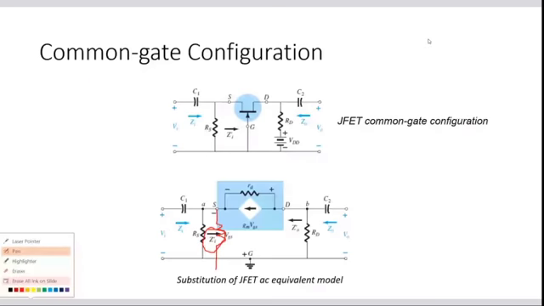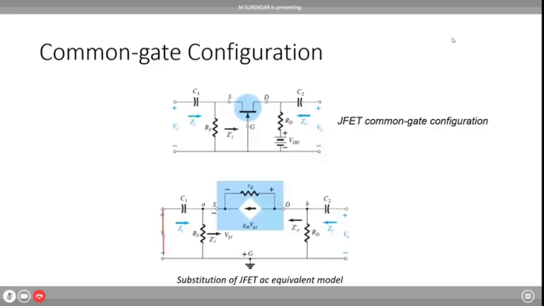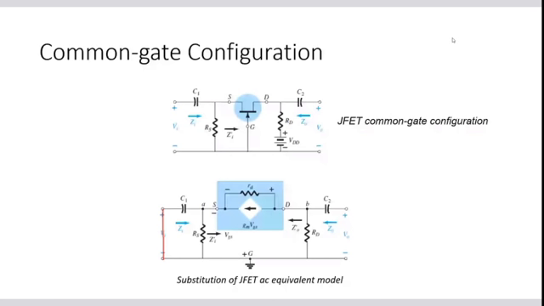If I am making VA equal to 0, then this will become short circuited, and you can see that effectively this negative terminal of VGS will also come to the ground. That means VGS will be equal to 0, so GM into VGS will also be equal to 0 in the circuit.